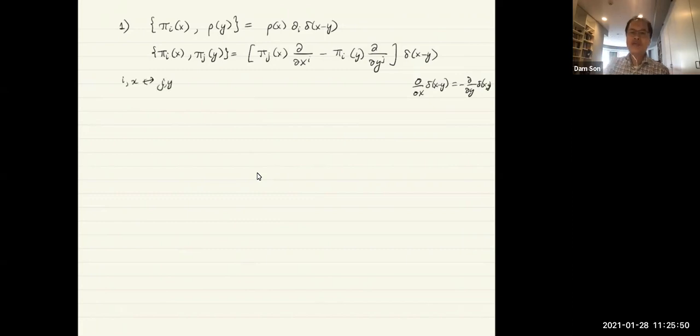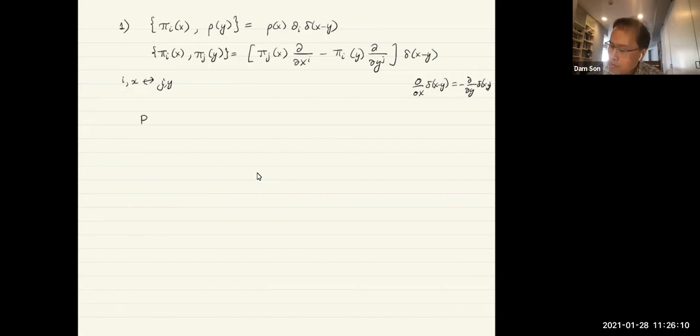Second, you can see that it's anti-symmetric with respect to exchanging the first and the second factor in the Poisson bracket. So let's make the following observation.